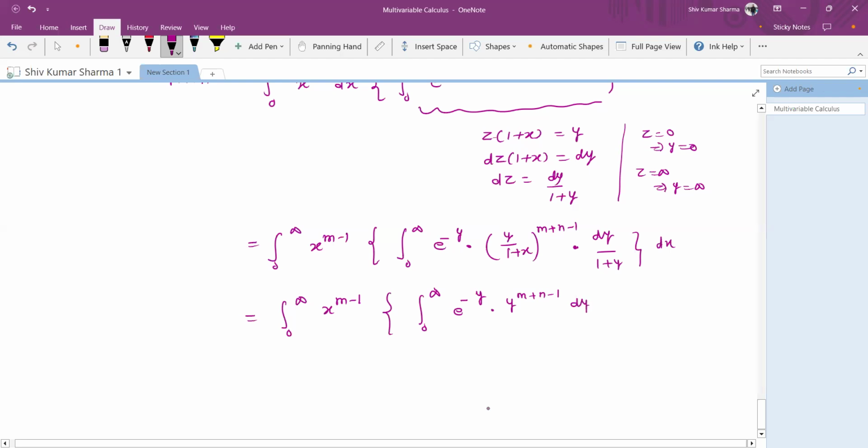So we take this inside the integral because we are solving for the integral in y, and the powers of 1 plus x.